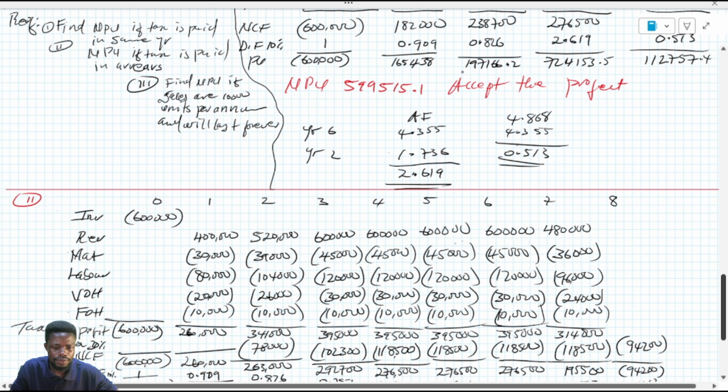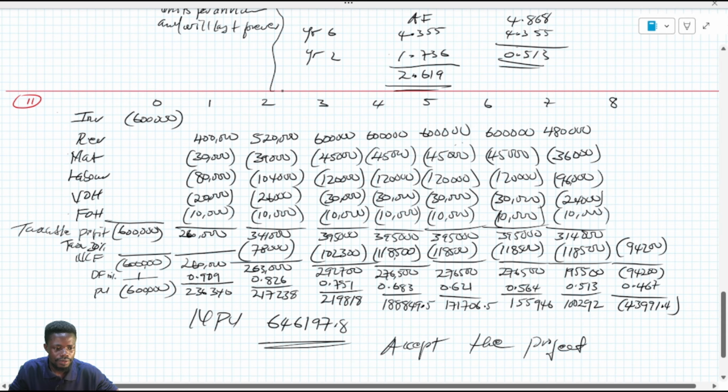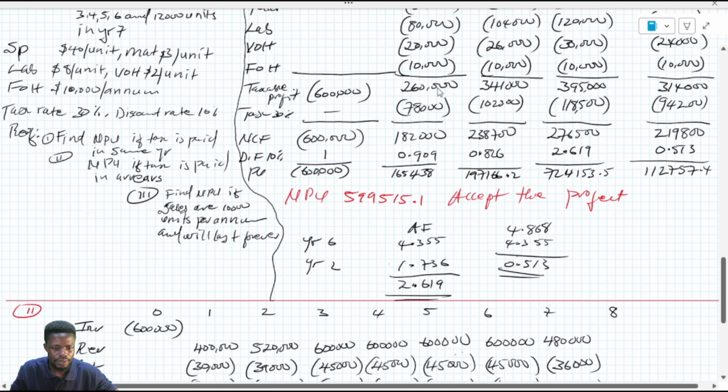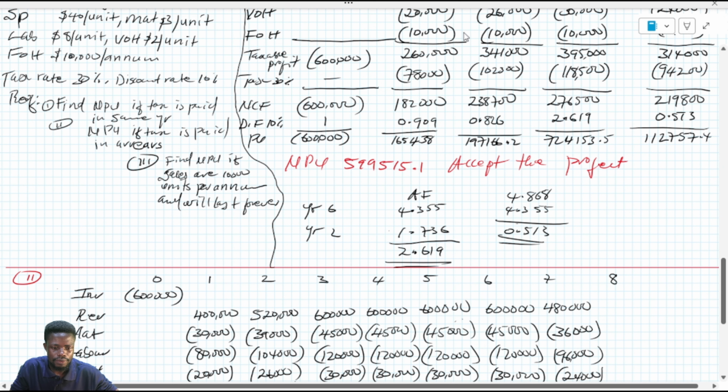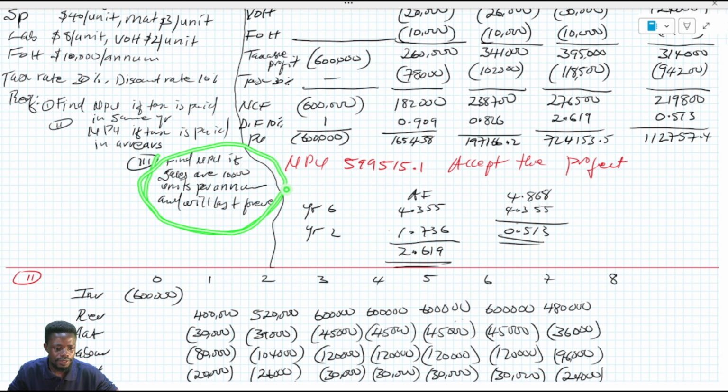It says, find NPV if sales are 10,000 units per annum and will last forever.